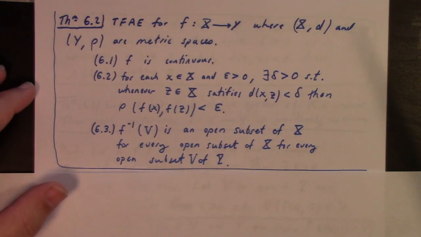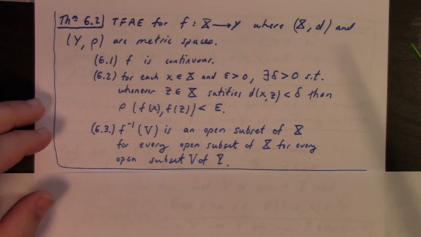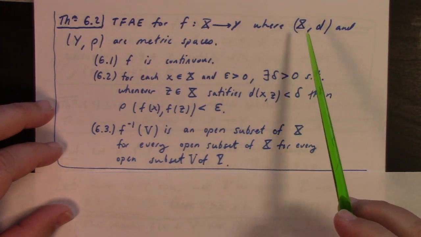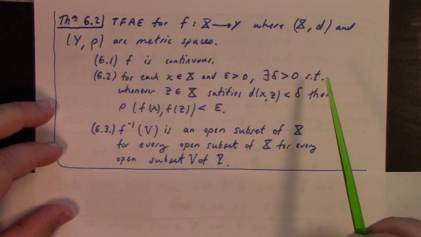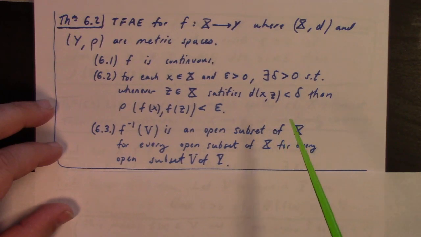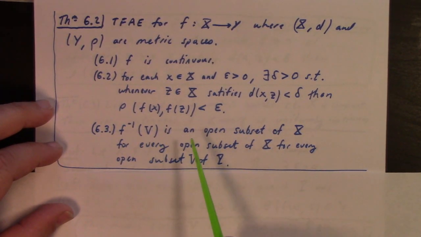Theorem 6.2. These are different characterizations of continuity. So the following are equivalent for a function from a metric space X to a metric space Y. F is continuous, the Epsilon-Delta definition of continuity, and this one's new: the inverse image of an open subset.